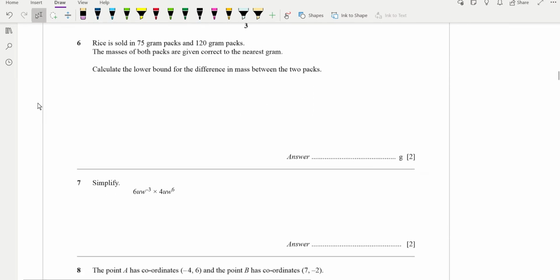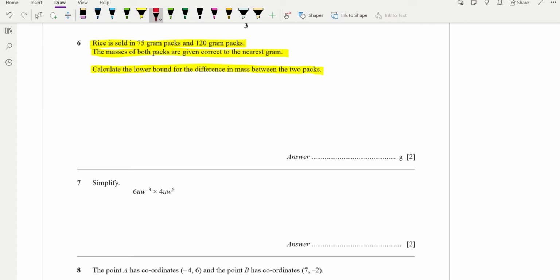Next, question number 6. Rice is sold in 75 gram packs and 120 gram packs. The masses of both packs are given correct to the nearest gram. Calculate the lower bound for the difference in mass between the two packs.